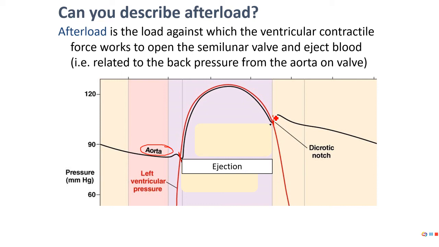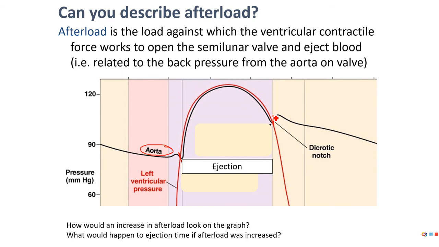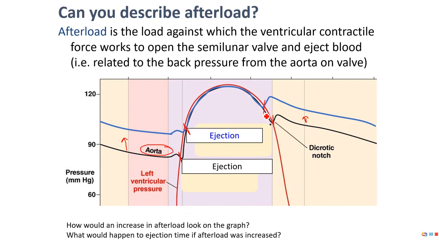What's going to change if I increase afterload? And what's going to happen to ejection time? If I increase afterload, I'm essentially increasing aortic pressure, so we're going to shift that curve up. Now notice that the intersections are right about here and here, so ejection time is reduced.